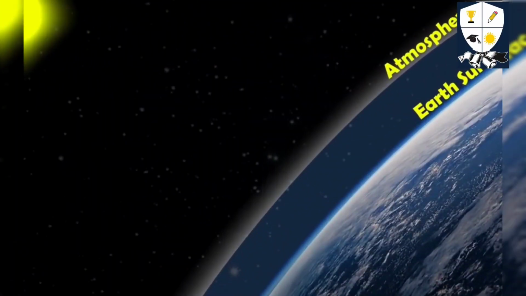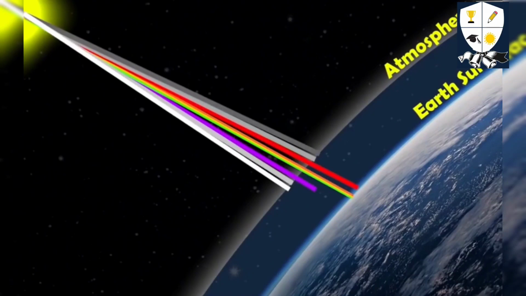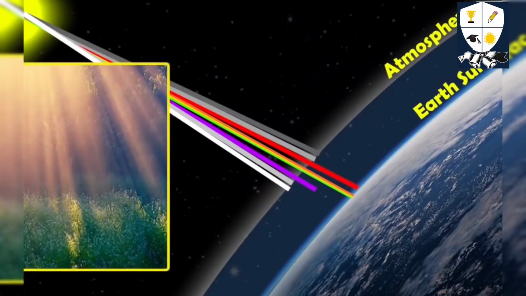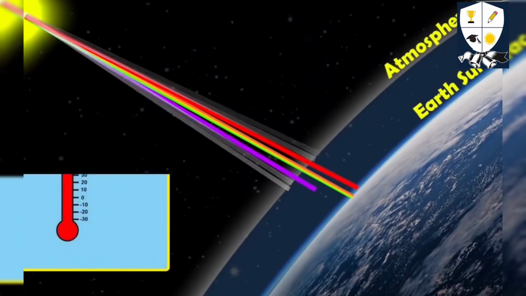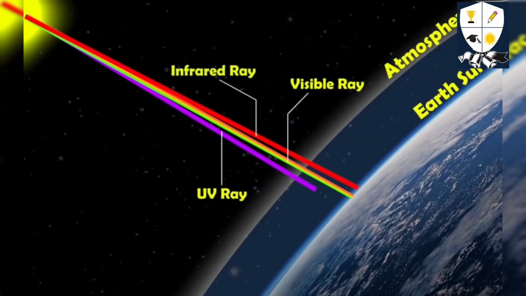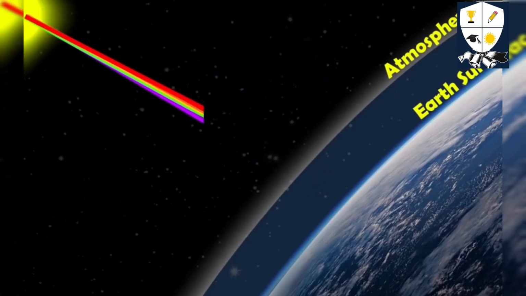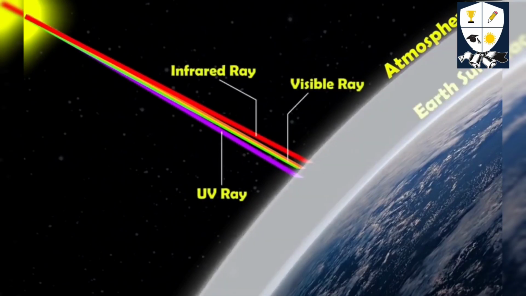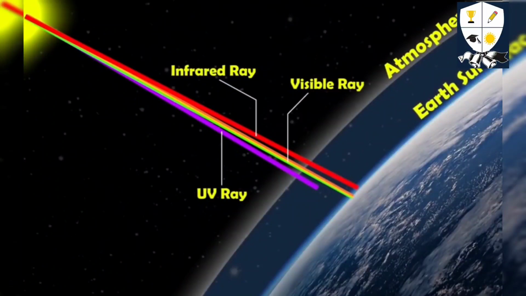Earth is constantly bombarded with an enormous amount of radiation from the sun, which we receive in the form of light and heat energy. These radiations, in the form of visible, ultraviolet and infrared, have to first pass through the Earth's atmosphere before reaching the surface.